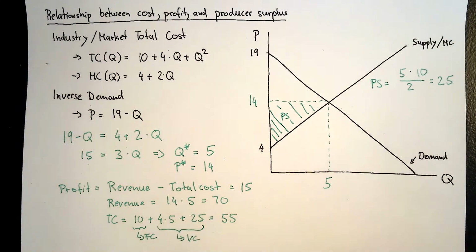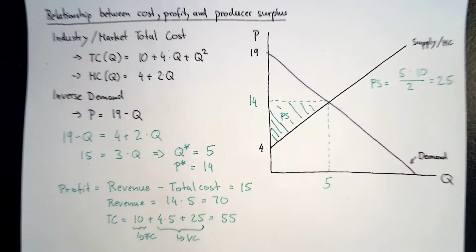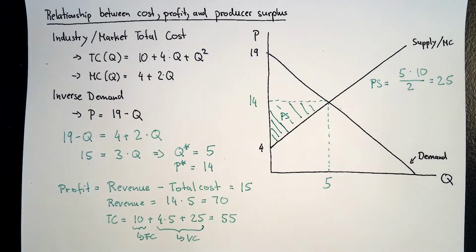Okay, and hence the fixed cost is 10. We have a profit of 15, so 15 plus the fixed cost of 10 is equal to 25, which corresponds to the producer surplus. Okay? So this is the relationship between the profit and the producer surplus.